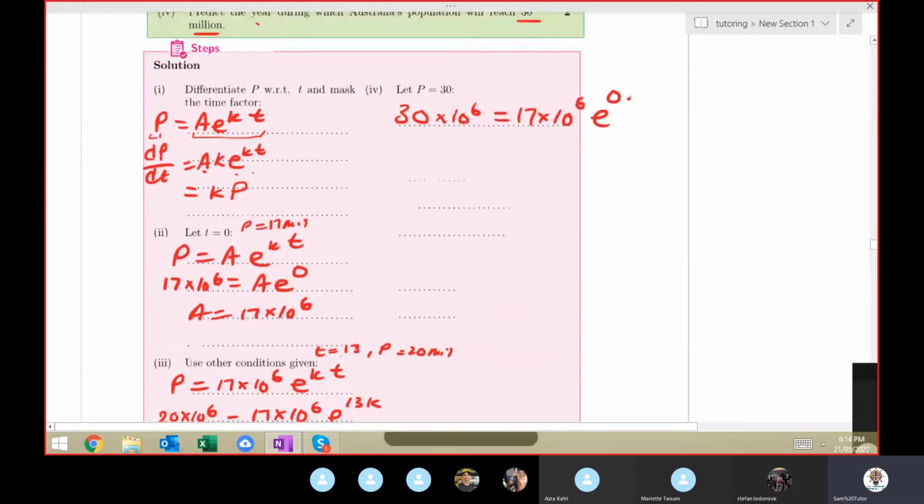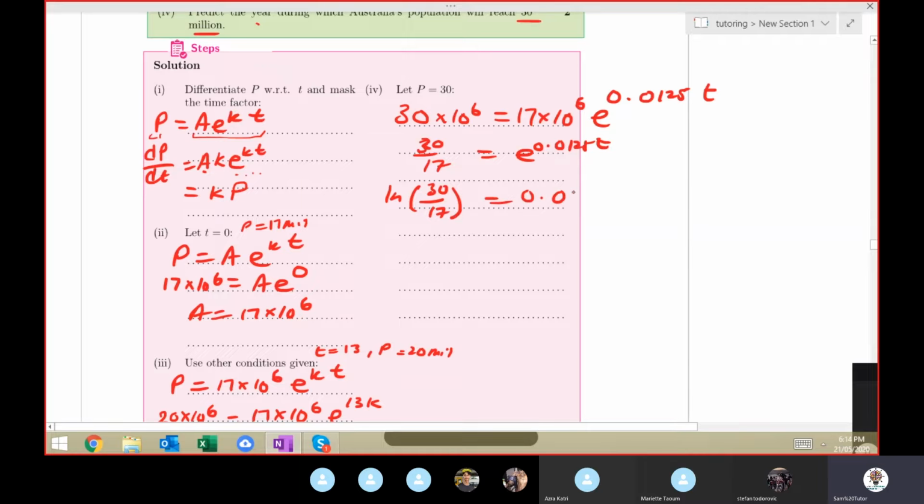But like we said last week, you use the unrounded answer. So maybe shift store A to K. All right, divide by 17. And then log both sides. And then divide by 0.01215.